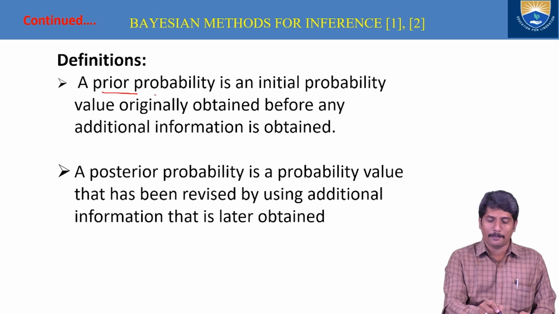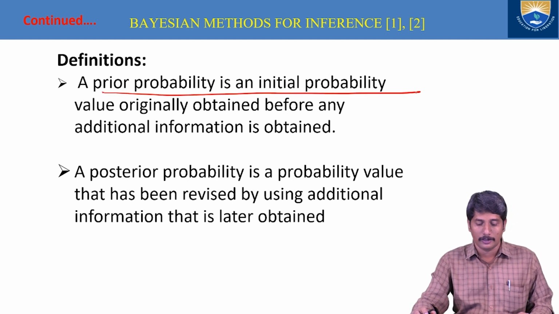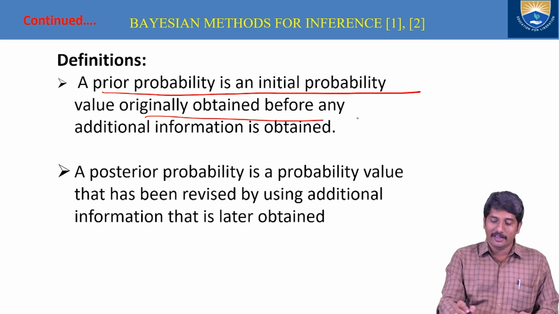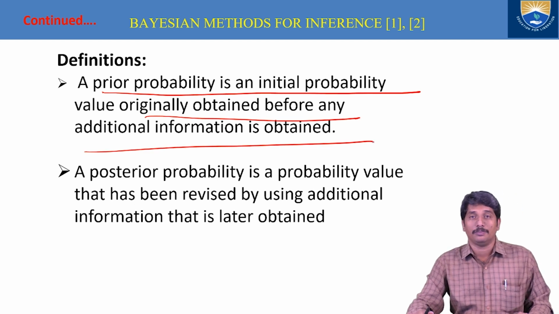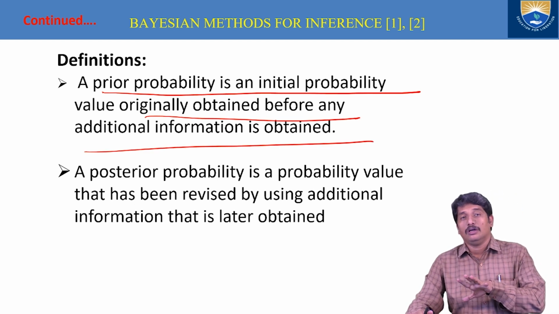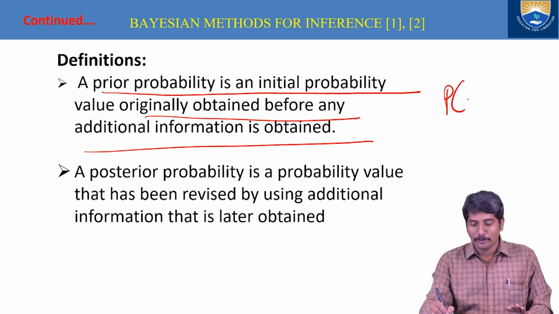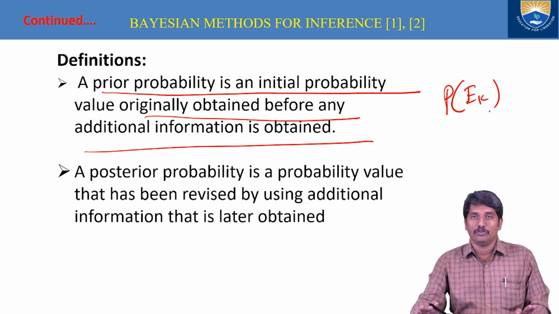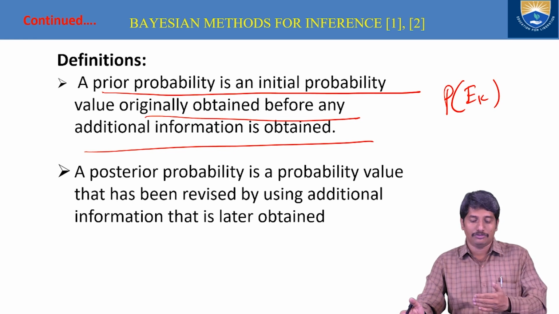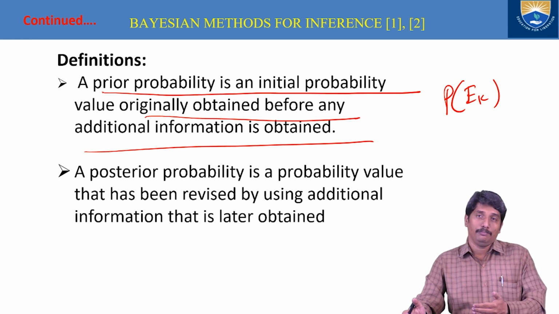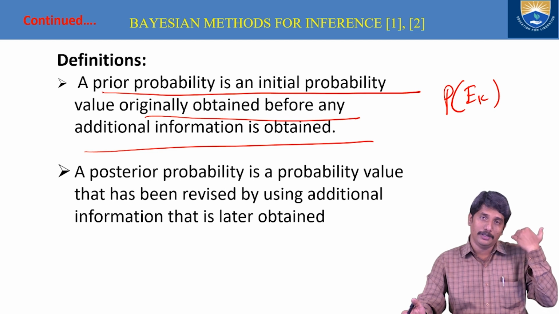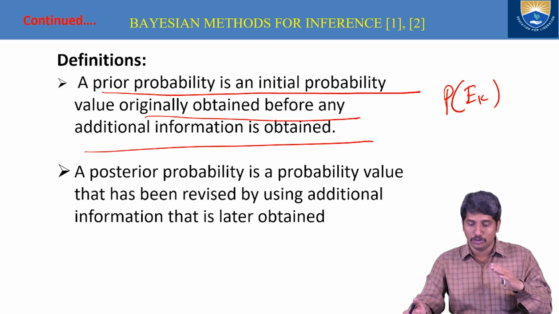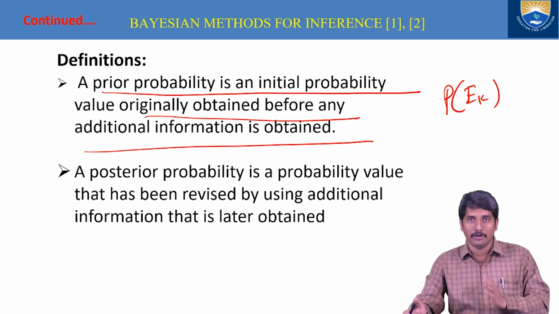What is prior? A prior probability is an initial probability value originally obtained before any additional information is obtained. That means prior probability is simply P of EK, that is, without any additional information, the probability of its happening. You have this idea from your past experiences, and this is already fixed. You know this because you have been observing it many times.